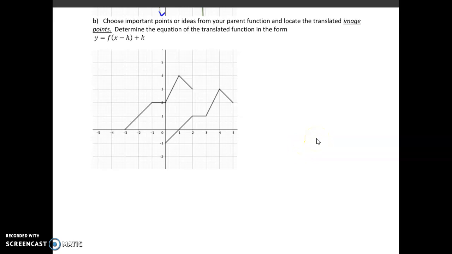So I'm going to call this my parent function. I'm going to write my parent function, change this to black, and call this y is equal to f of x. So right now, this is where I want to start. I need to translate it so it becomes this. So I have to locate the key points or the important ideas.